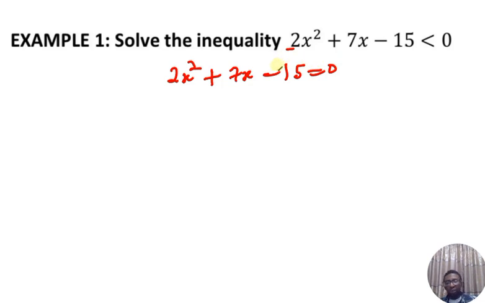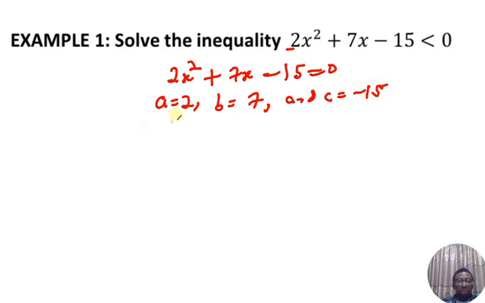I want to believe everybody knows how to solve a quadratic equation, but if you don't, let me remind you. In this case, our a is 2, our b is 7, and our c is minus 15. We can use the AC method.